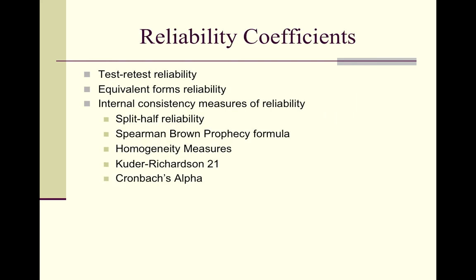The reliability coefficients we looked at previously, and will get into more, are test-retest and equivalent forms, and we can examine internal consistency using the following. Cronbach's alpha is the one that... actually, I left something out. There's a Kuder-Richardson 20 and a Kuder-Richardson 21.